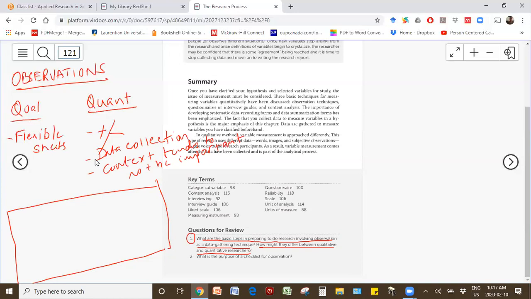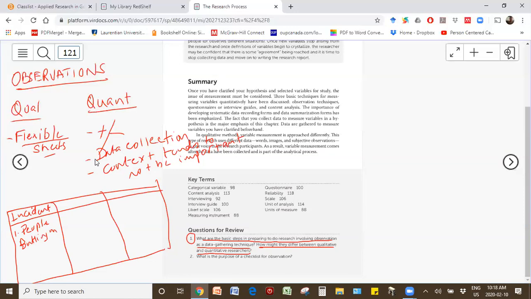One of the biggest things about qualitative information sheets: yes, you write down what you're measuring, but you may not be counting them. So take an incident at a rock concert, people jumping into line. What do you call that when people cut you out of line, out of turn? Butting in. People butting in. In quantitative, you wouldn't worry about saying people butting in.